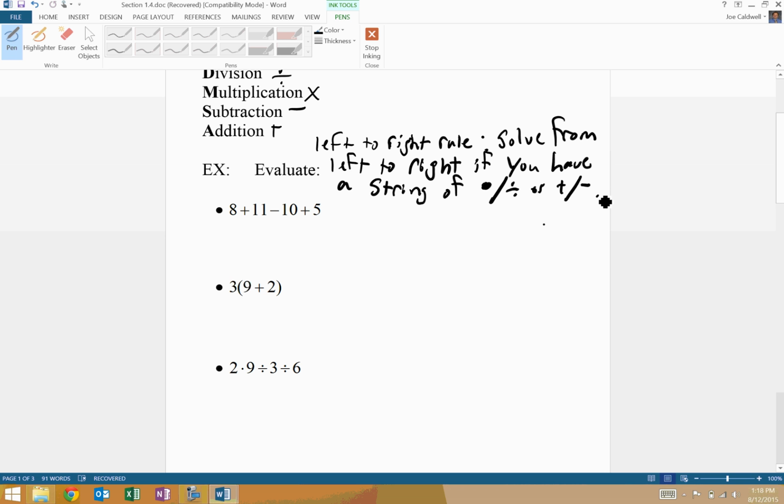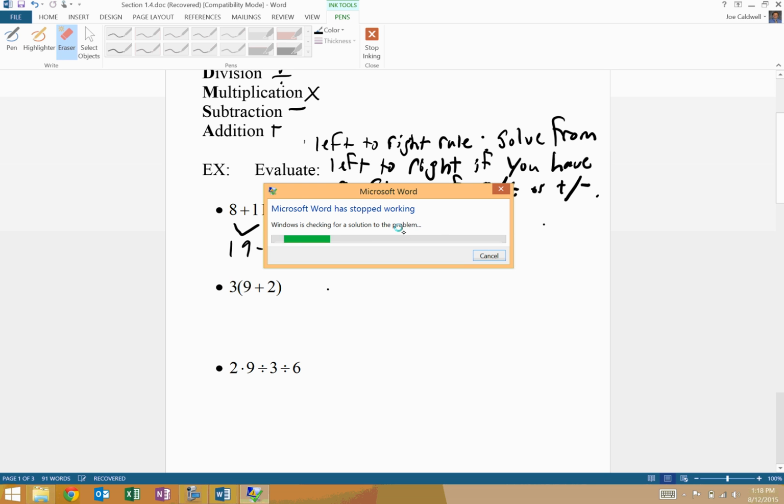So here's what I mean. In our first example, we have a string of just addition and subtraction, so we're going to use our rule. First you want to solve 8 plus 11, which is 19. Bring down the minus 10, and that gets you to 9. Finally, bring down the plus 5, and that gets you to 14.